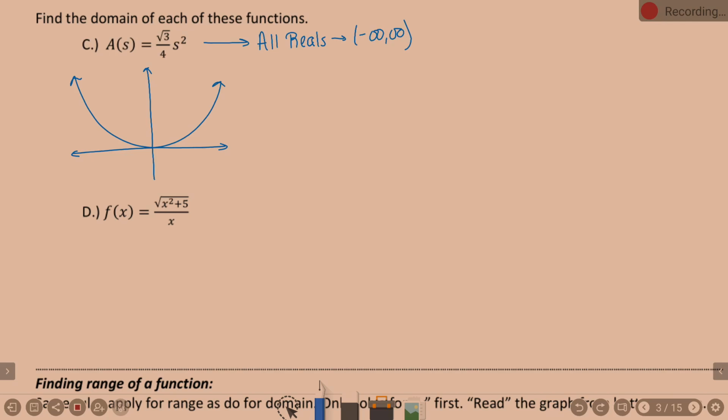Side? Okay. So this is not an area formula I expect you to know. But if we're talking about the area of some object, don't care what object, with side length s, how does this affect my domain? Domain being the s values.